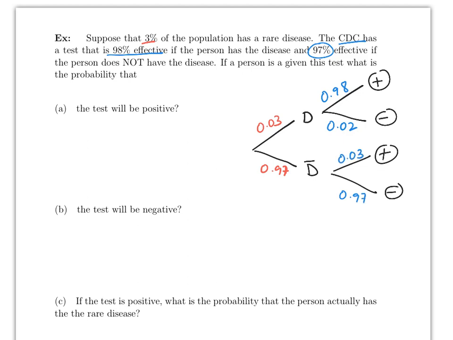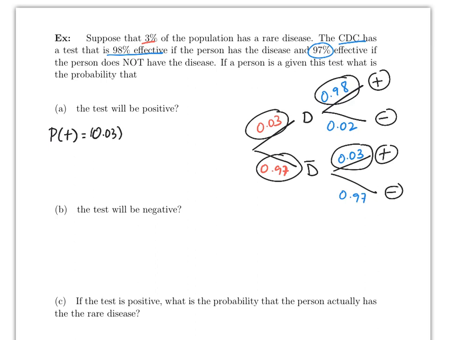Just like the previous problem, the question now is just asking what's the probability that the test will be positive? So positive will be this times this plus this times that. So it's 0.03 times 0.98 plus 0.97 times 0.03.